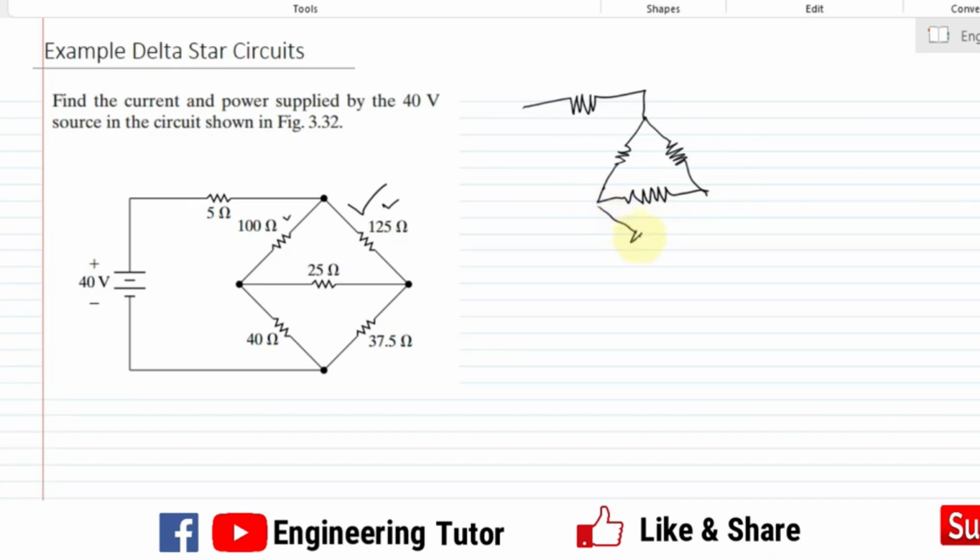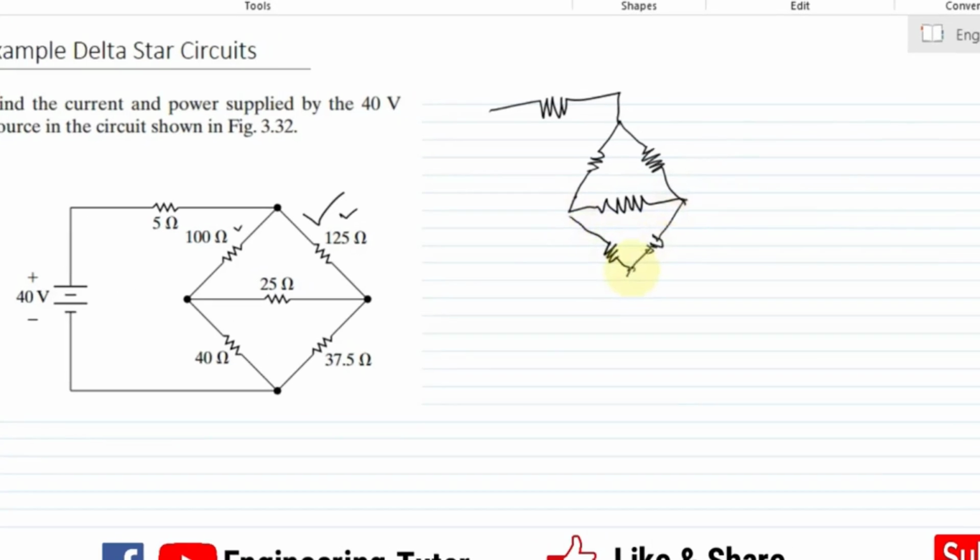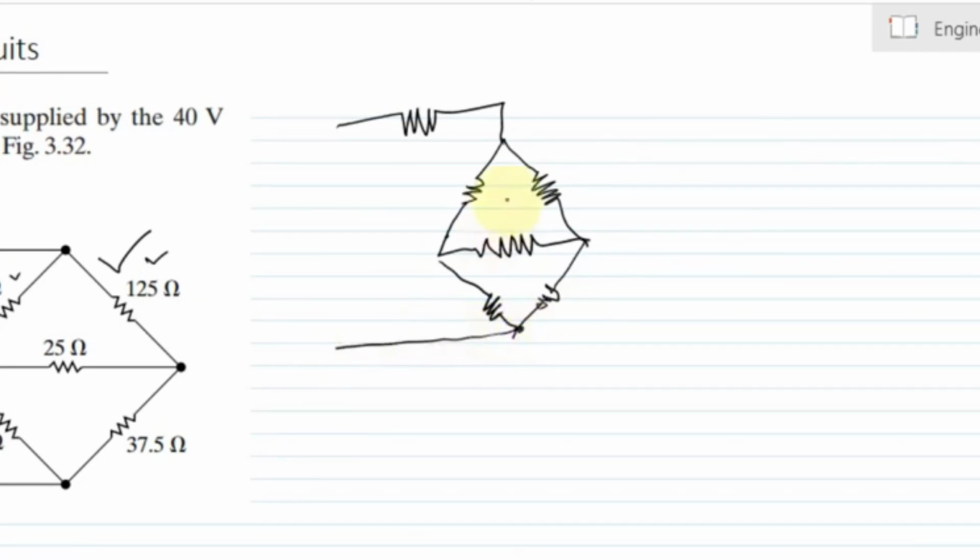So this is 5 ohm, this is 100 ohm, this is 125 ohm, this is 25, this is 37.5, and similarly 40, and these are connected with a 40 volt source.